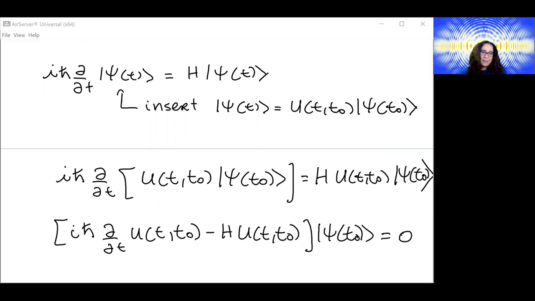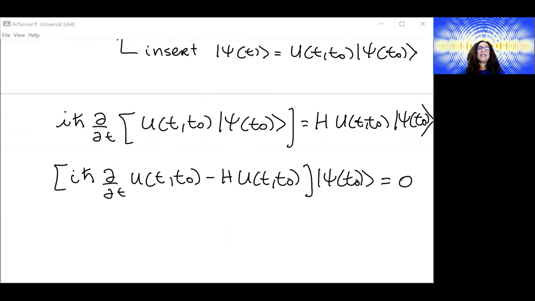So basically, I applied this derivative because it's with regard to t, and I brought this guy to the left-hand side. So this was the rearrangement that I've made.